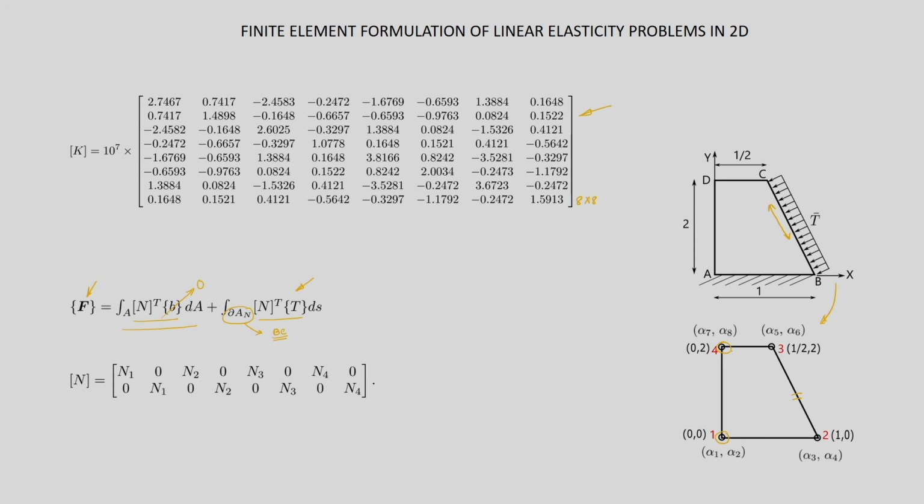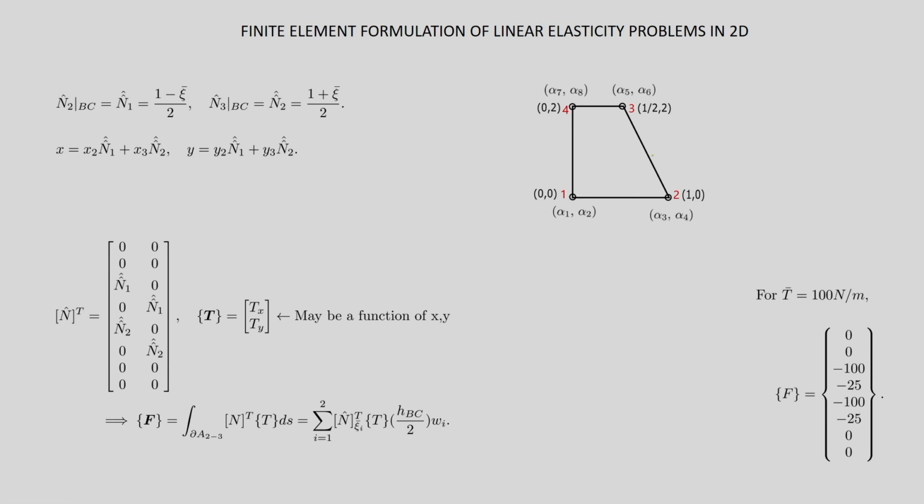So n1 and n4 are 0 along the edge 2 3, which means that in calculating n transpose T they do not contribute. This becomes convenient for us, so we only have to find the contribution due to n2 and n3.